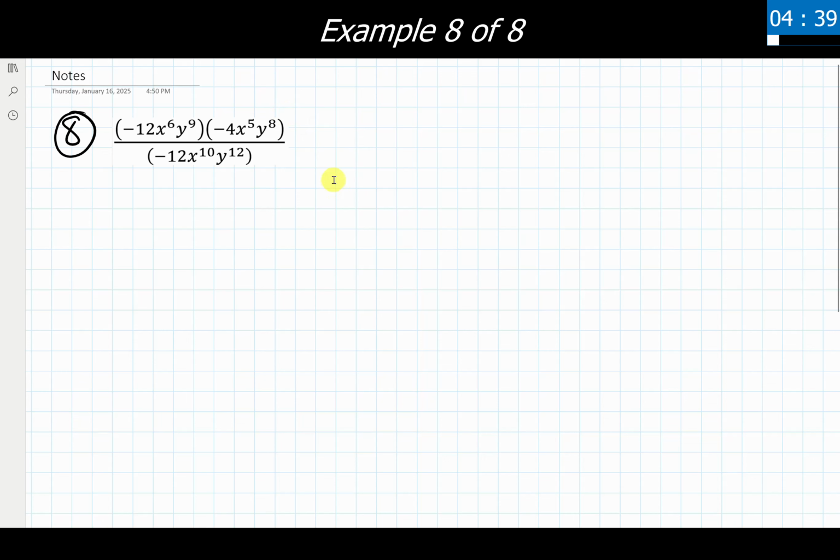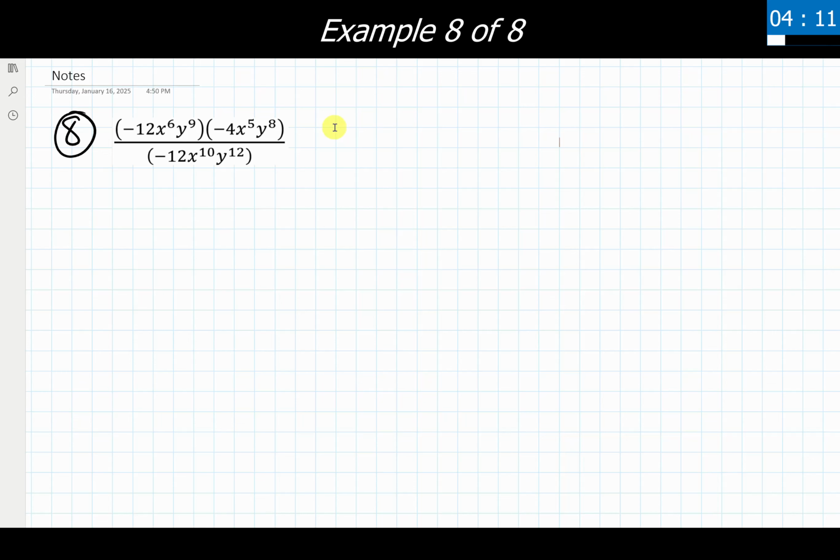I have found for me personally, I look at these and I would say, hey, the negative 12s might cancel, but wait, this negative 12 also cancels with the negative 4. Or this x to the 6th and x to the 10th, they kind of cancel, but then there's this x to the 5th which multiplies and it adds. And if you're losing track of what I'm even saying as I'm talking about that, that is reason enough right there to do these things in separated parts.